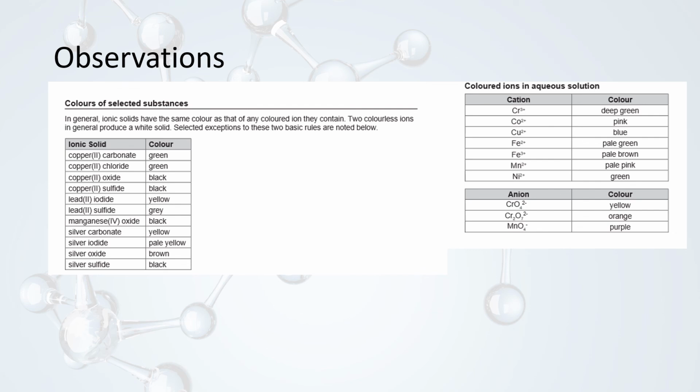Well, we had barium hydroxide solution, and I'm looking at my coloured ions in aqueous solution and find it's colourless. And we had a barium phosphate solid. Checking in number 1 here, there's no barium phosphate here, so then we go to here and we find it must be a white solid.